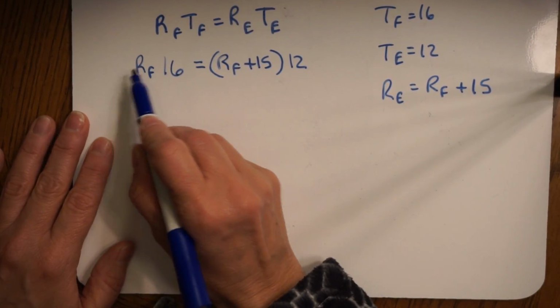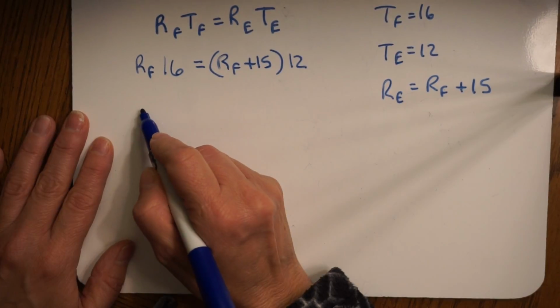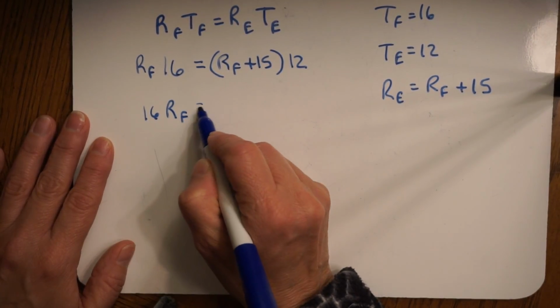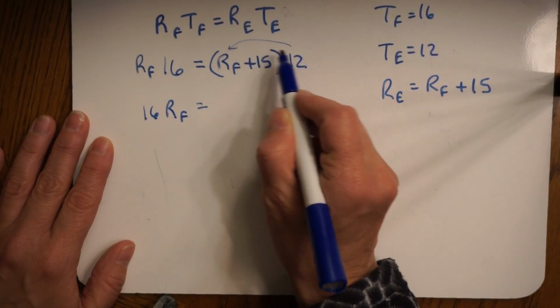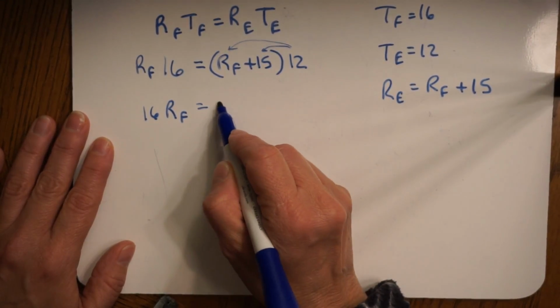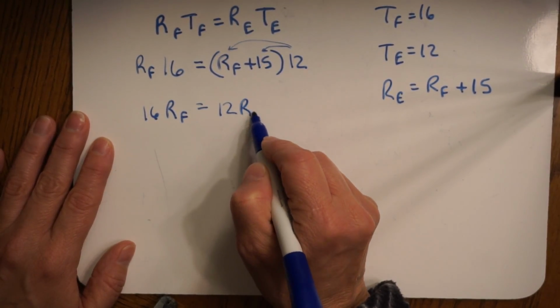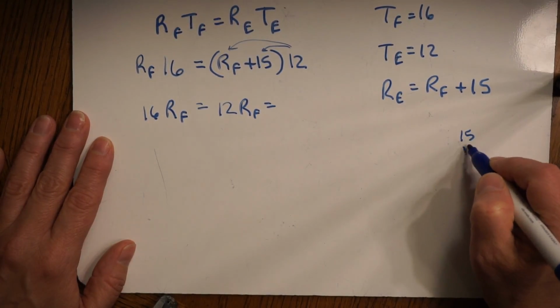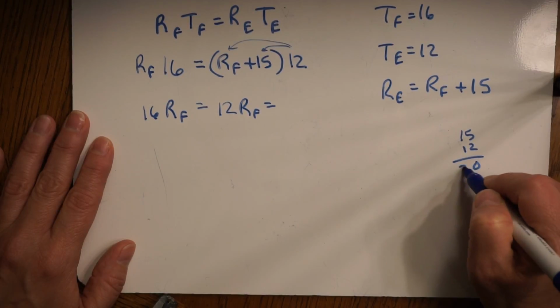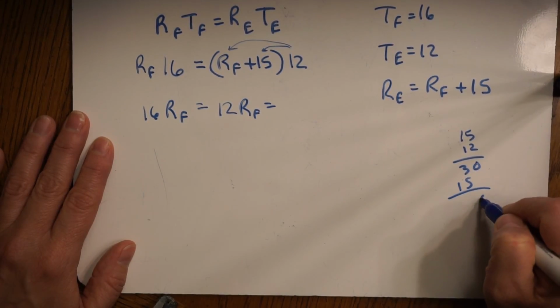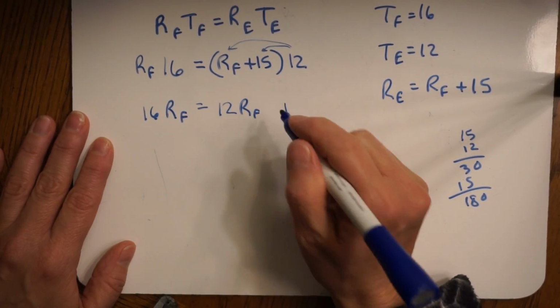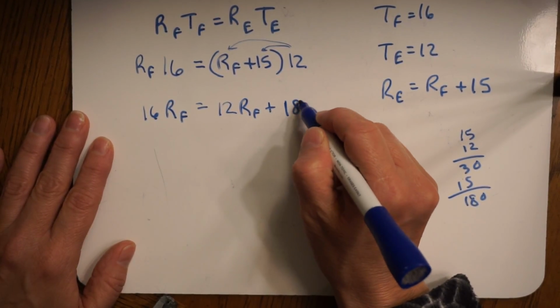And then this, I'm just going to flip that around because I like the coefficient in front of the variable. So 16 r sub f, we're going to distribute here. So we get 12 r sub f is equal to 15 times 12, so that's equal to plus 180.